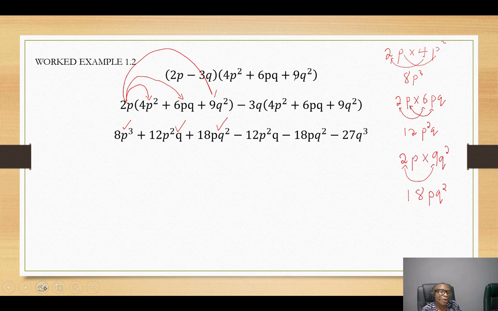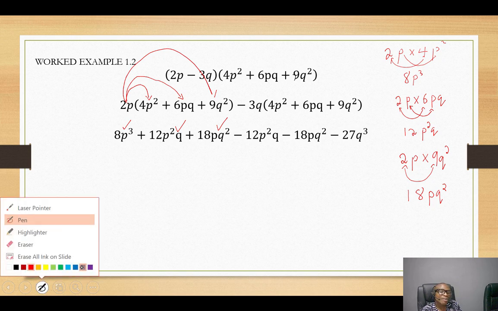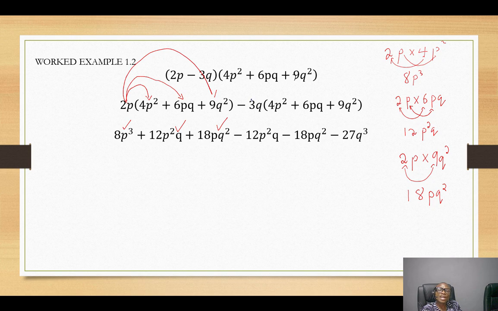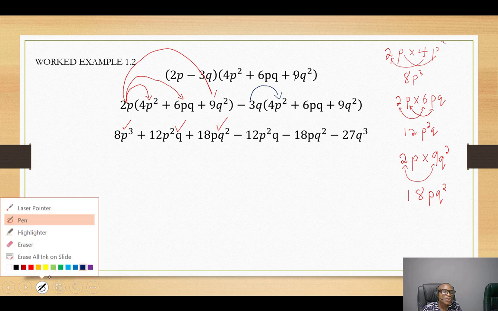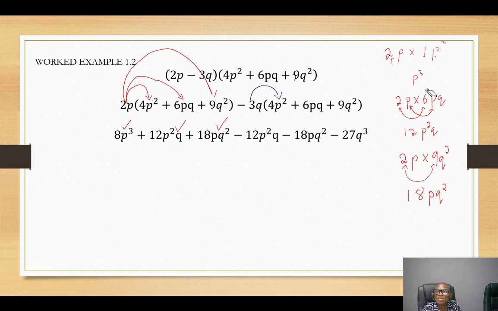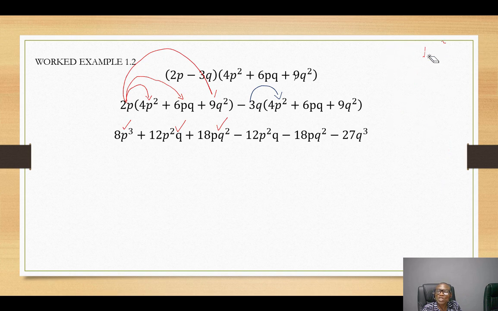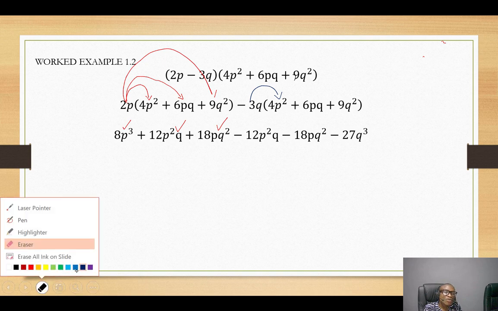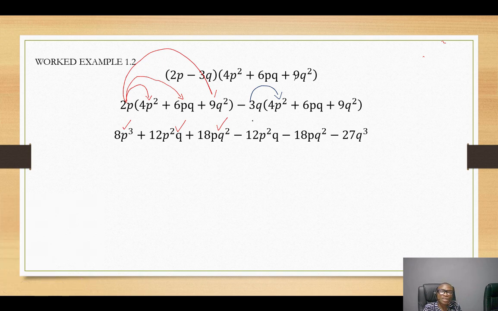Now we go and multiply negative 3q with 4p squared. Let me erase here so that I will be able to show my workings. This is my area where I show workings. Showing of workings is very important in maths lesson.